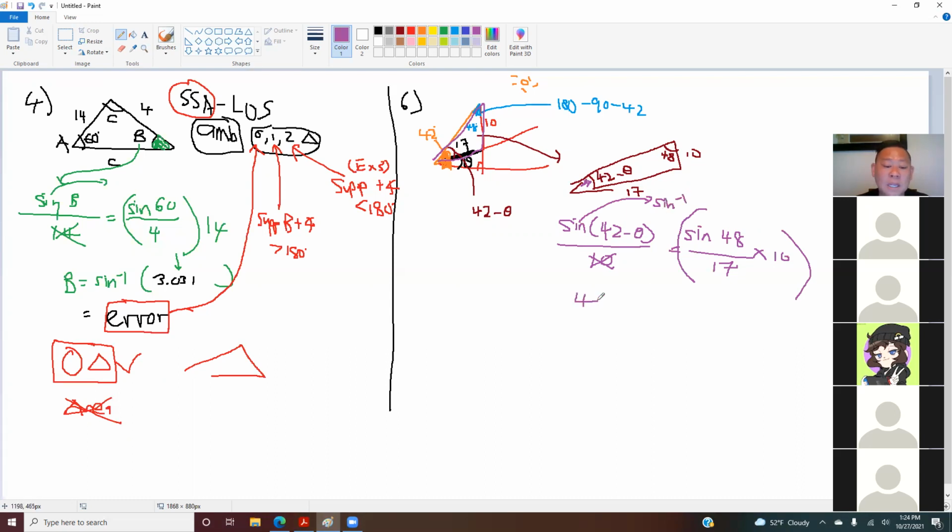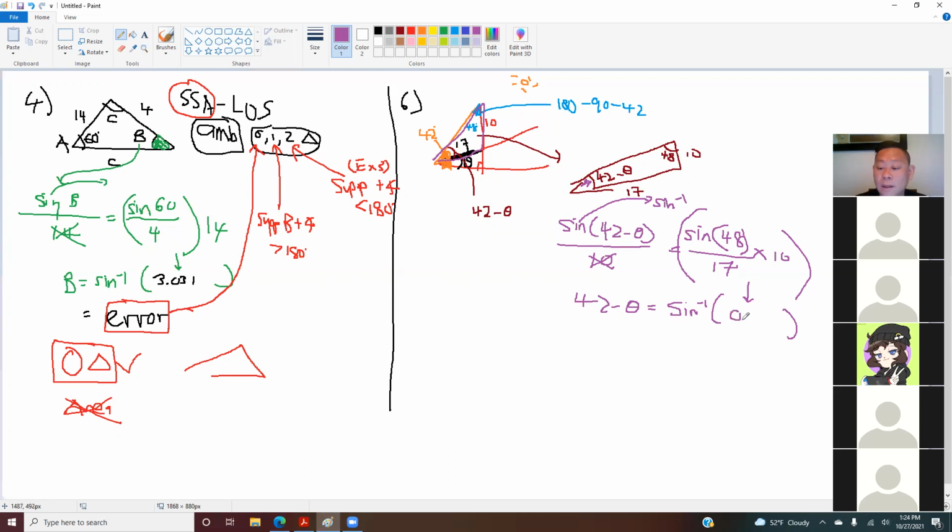Instead of B, like in the previous question, this is 42 minus theta. So go ahead and figure out the arc sine of this number: sine 48 times 10, and then you do the arc sine of it.